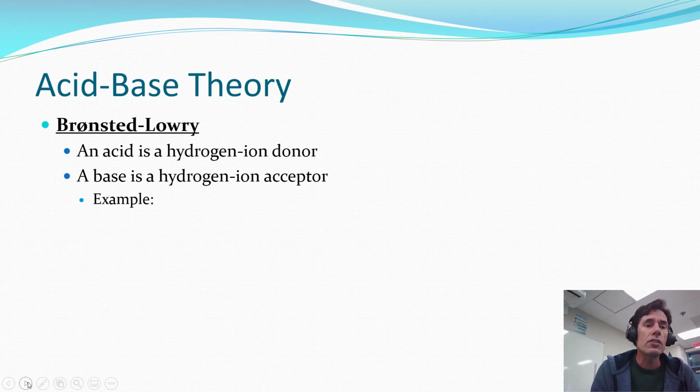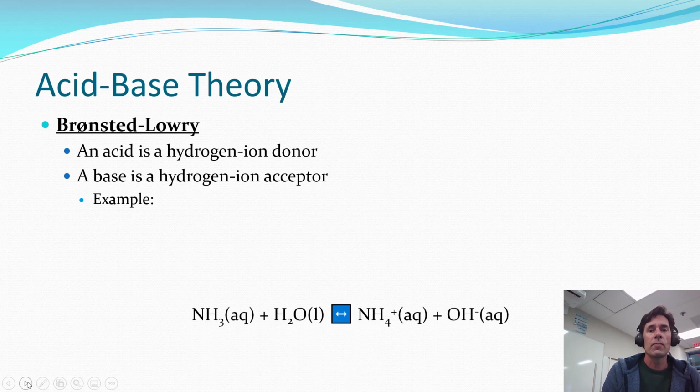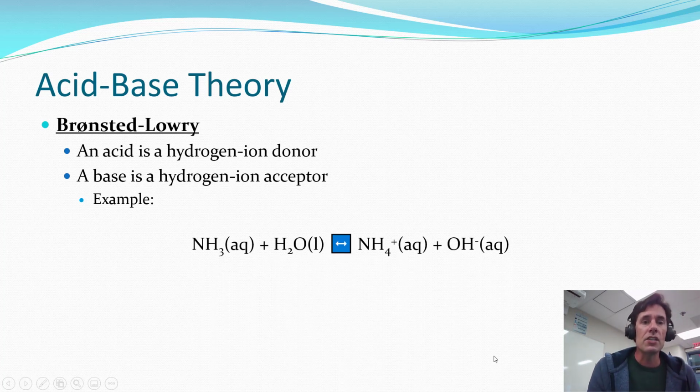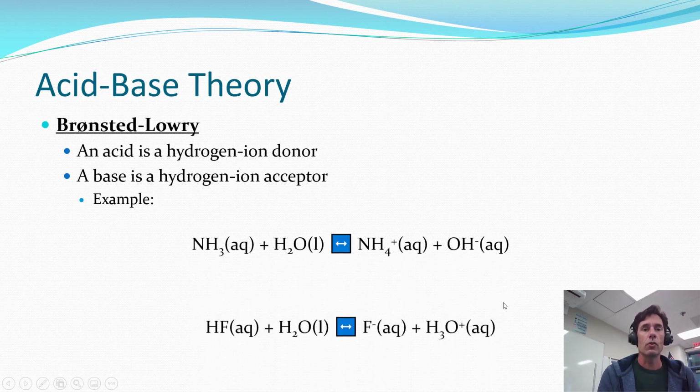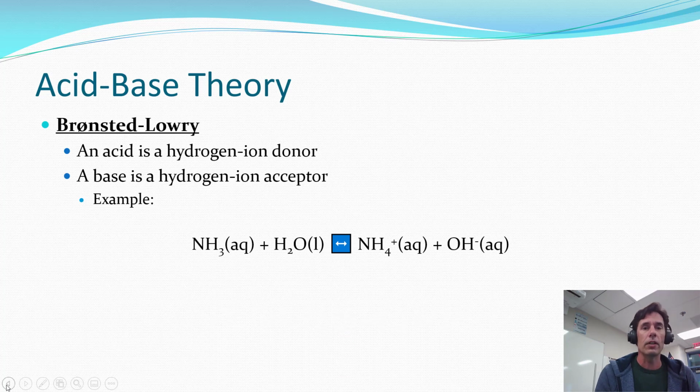So let's go ahead and look at this example here. This, ladies and gentlemen, is good old-fashioned ammonia. We have ammonia here, NH3. Now, if you look at this, you think this is going to end up being an acid because it's got hydrogen and it's got nitrogen, so when it reacts with water, it's going to form some type of hydrogen ion compound.